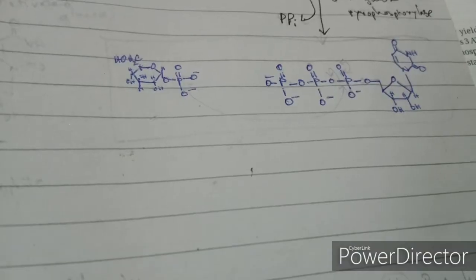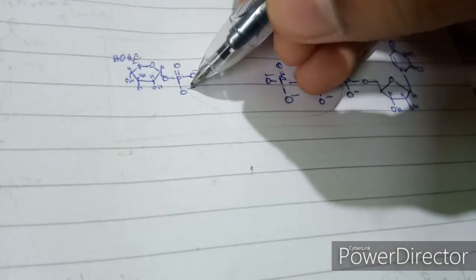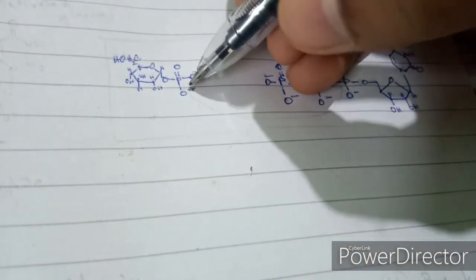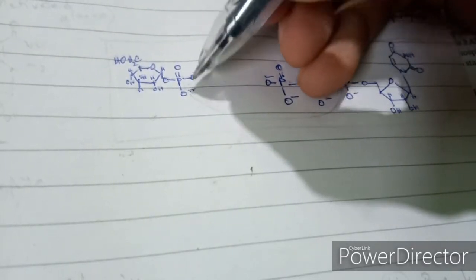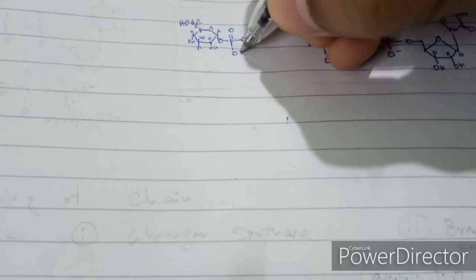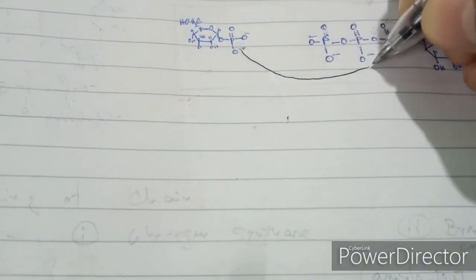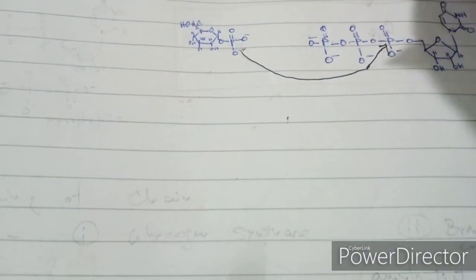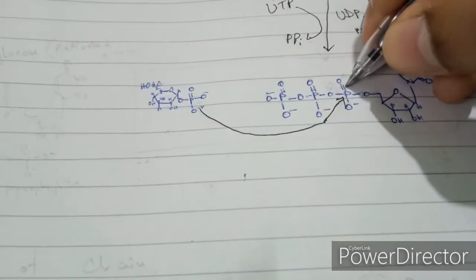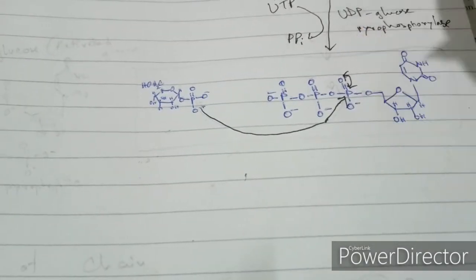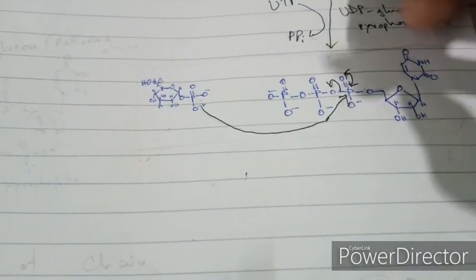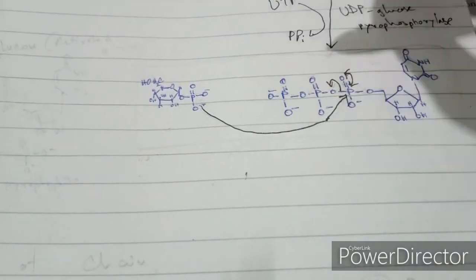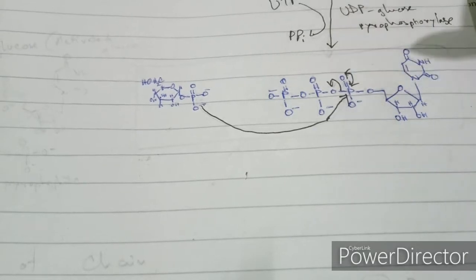Here, it has a lone pair. There is a nucleophilic attack on this phosphorus atom, and there is resonance. Then this bond breaks, and the pyrophosphate detaches.